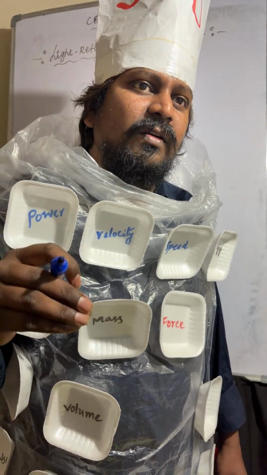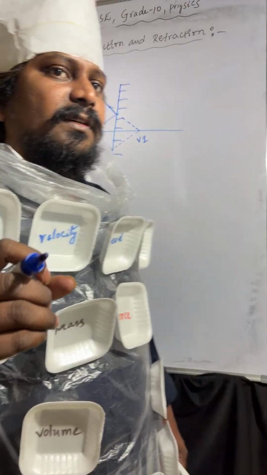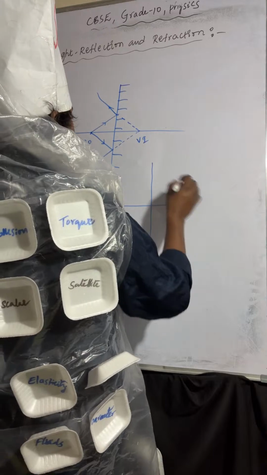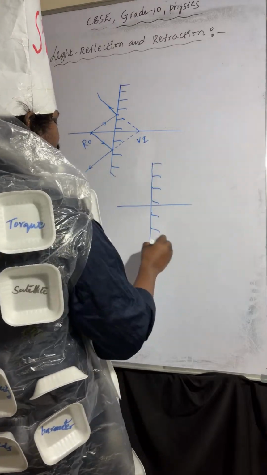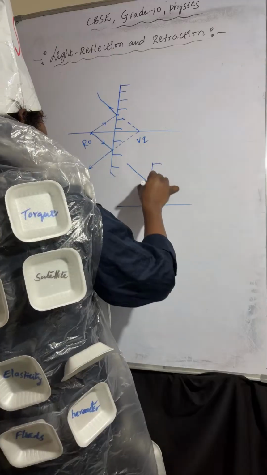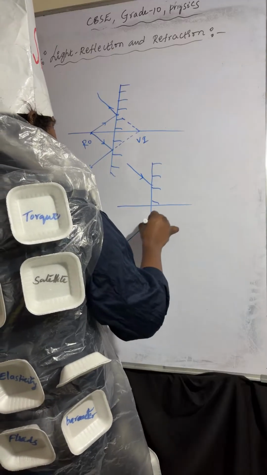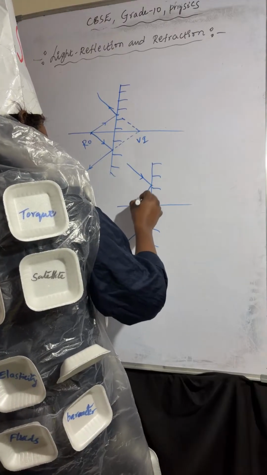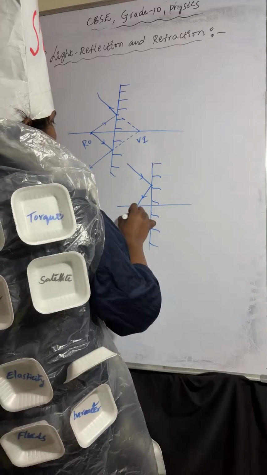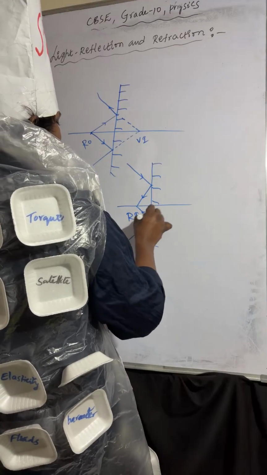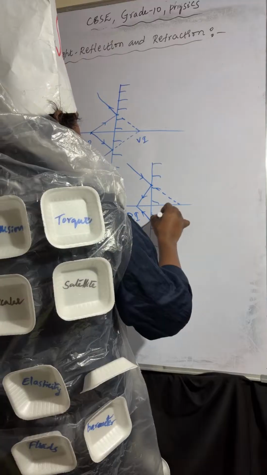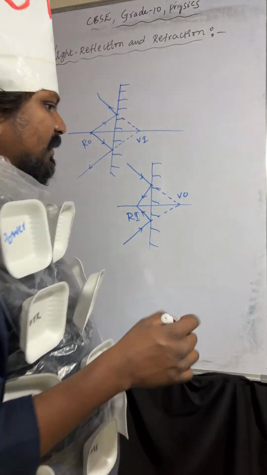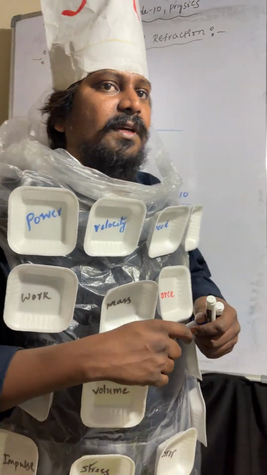Light rays are coming from here, and after reflection those light rays move like this. I am extending these light rays, and the extended light rays meet at one point. That is a virtual object. Understood?